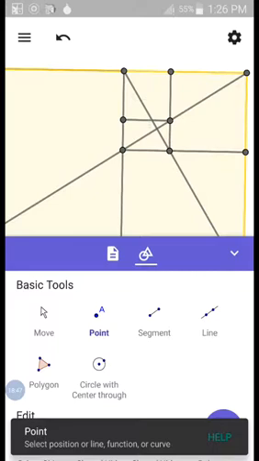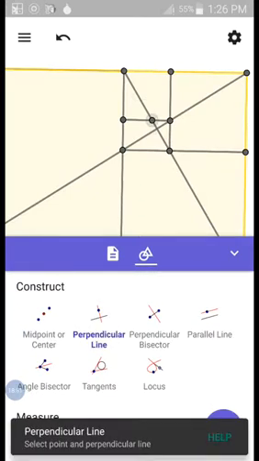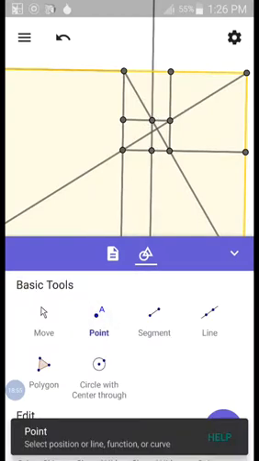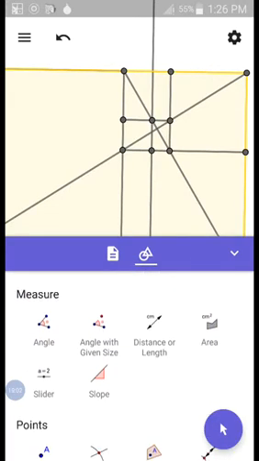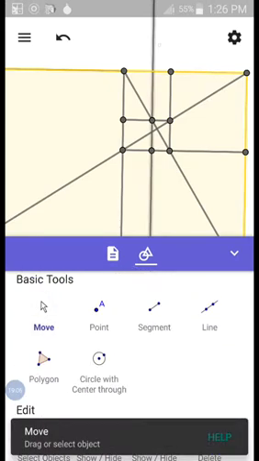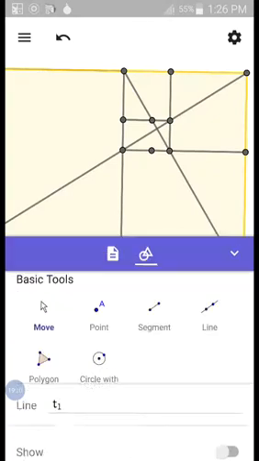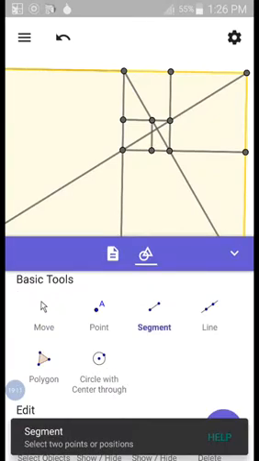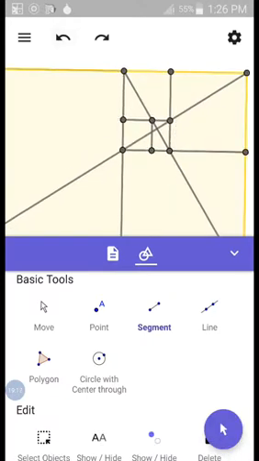Let's keep going. Here. Perpendicular line. Point. Hide the perpendicular line, draw a segment. Looks like a square and an extra little bit. Do you think that's what it is?